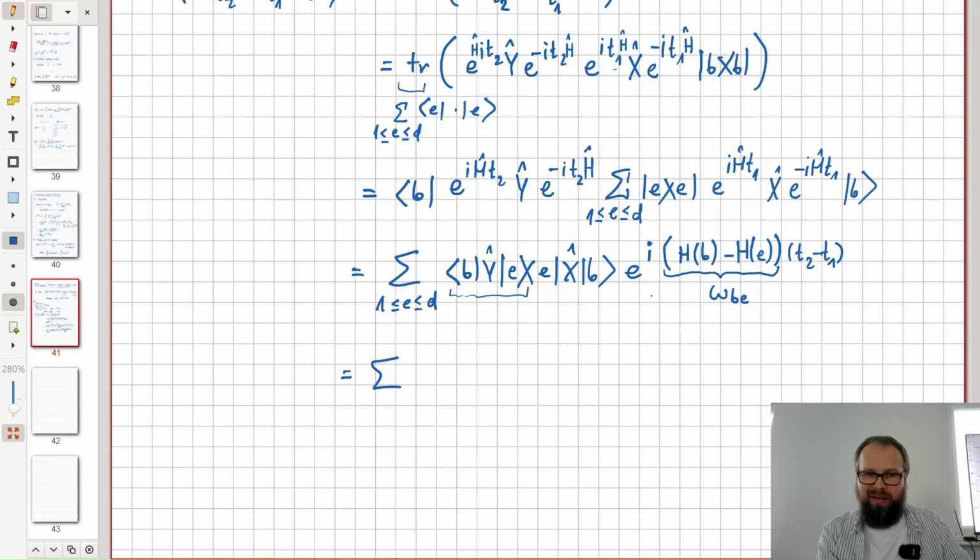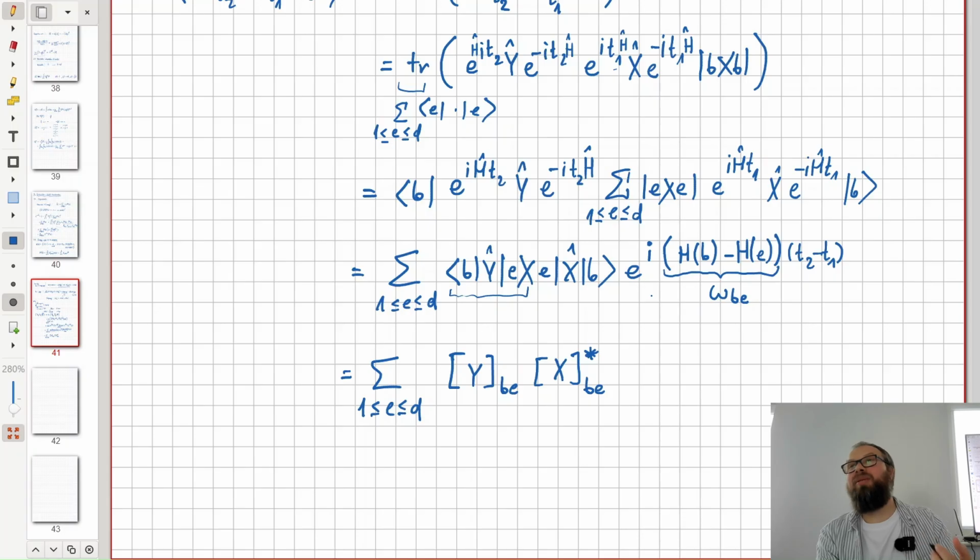So as a final touch, I had a notation for matrix elements, the square brackets, to not confuse observable from matrix element: y_BE, and x_EB, or x_BE conjugate, because the observable is Hermitian, so there is this symmetry, times e^{i omega_BE t}.